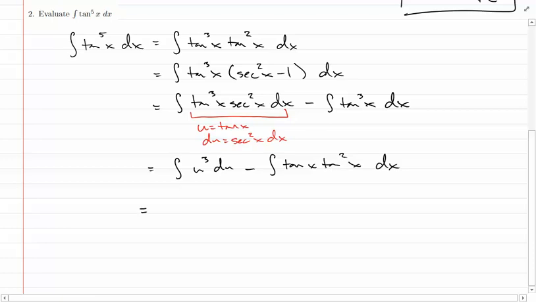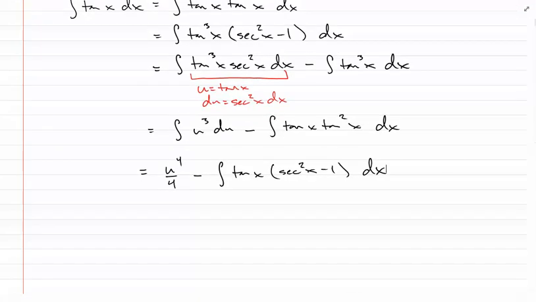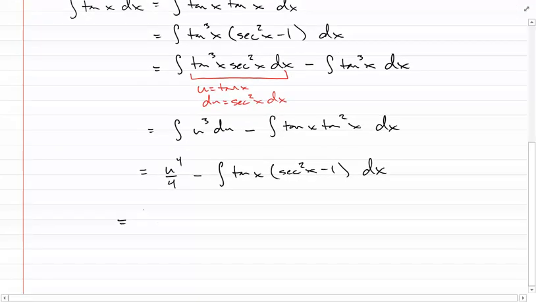Okay, so what do we got here? So here we're going to have u to the fourth over 4. The tangent squared here, we're going to replace with secant squared x minus 1. With u as tangent, what we have is tangent to the fourth x over 4. That's going to be part of the answer.